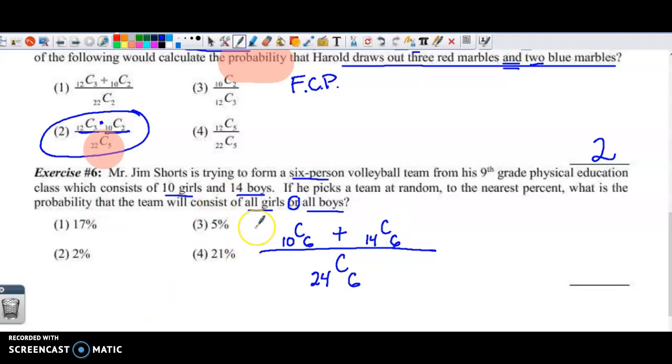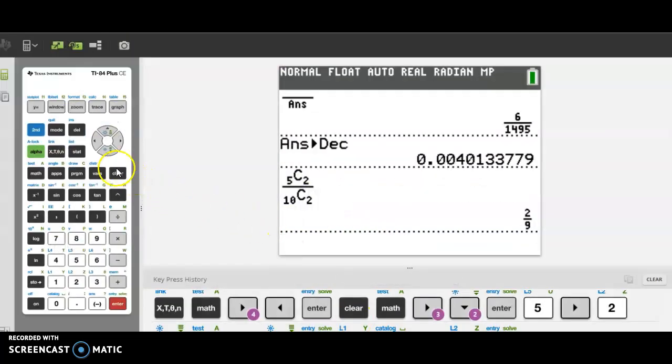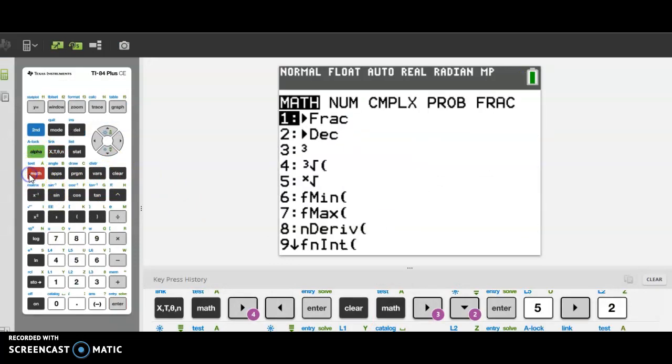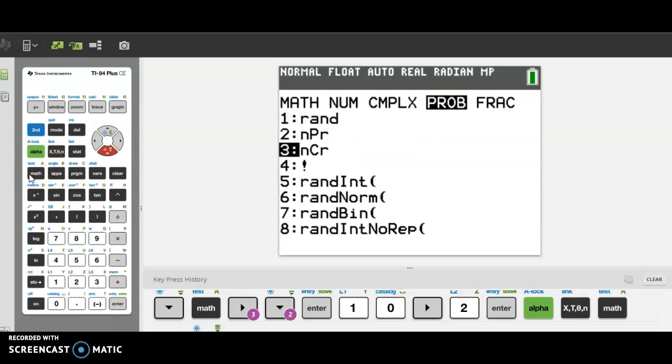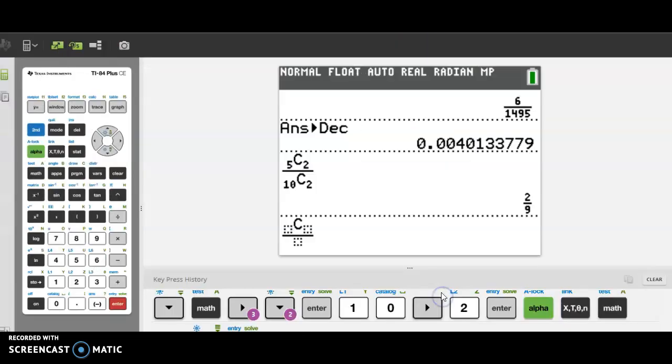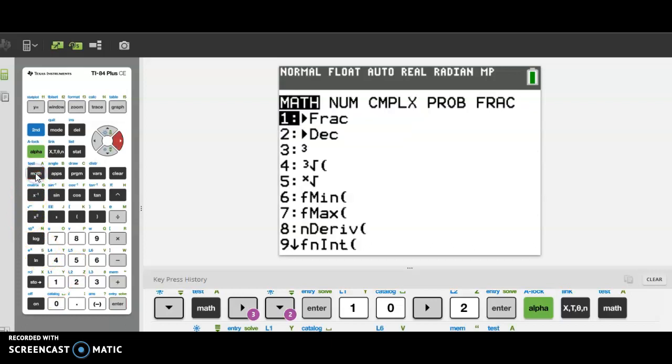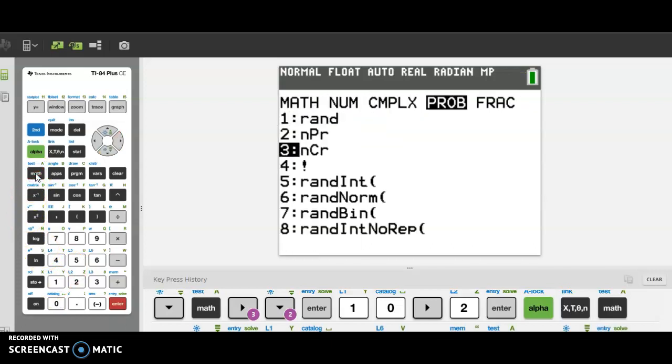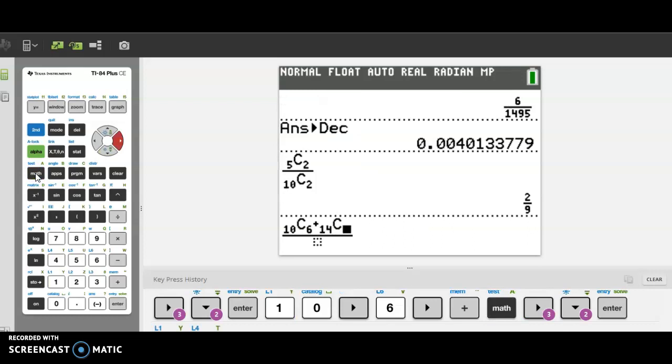And one of those answers must be correct. So I would go straight to a calculator. Alpha x, make my fraction, math. NCR. Hopefully you've gotten good practice at this. 10C6. And then plus 14C6.